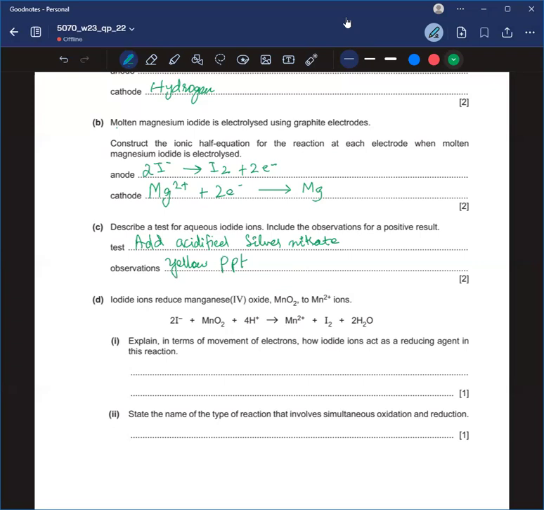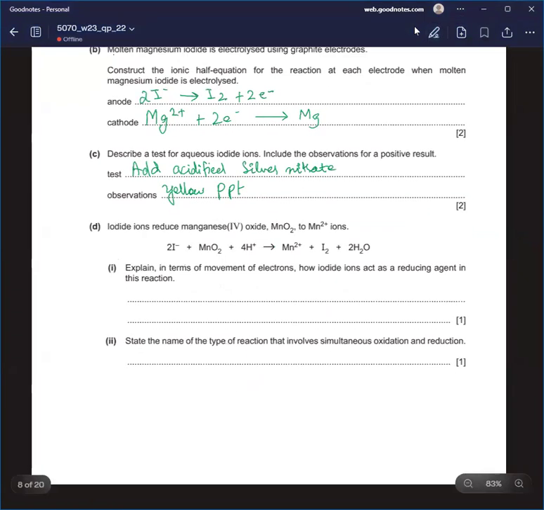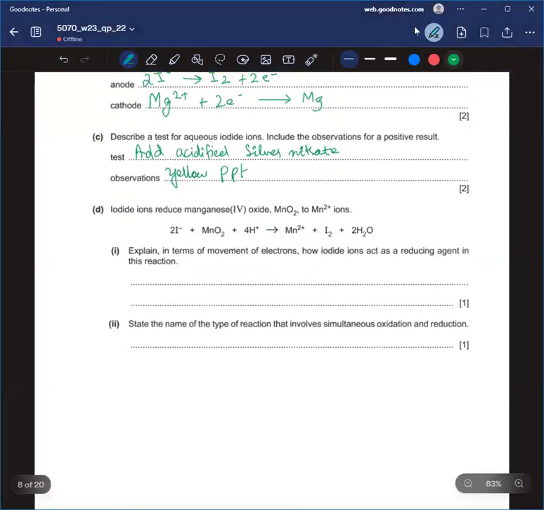Okay, so let's move to the next part. Iodide ions reduce manganese(IV) oxide, MnO2, to Mn2+ ions. Explain in terms of movement of electrons how iodide ions act as a reducing agent in this reaction. Here we should know what a reducing agent basically is.